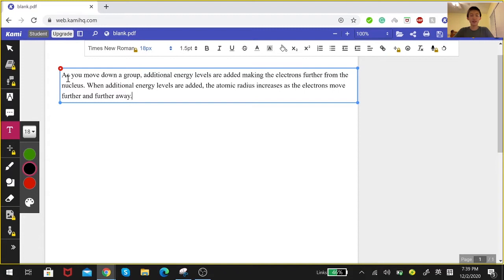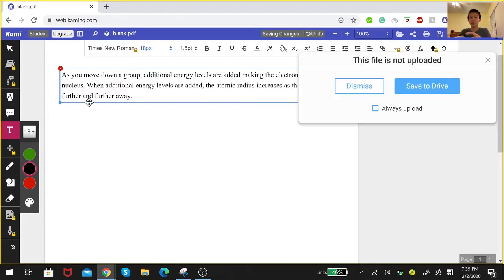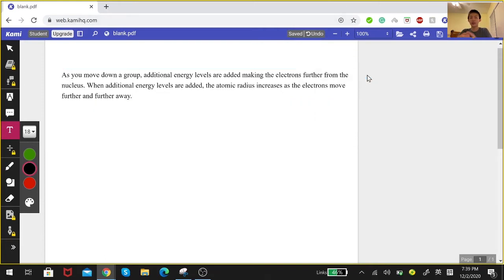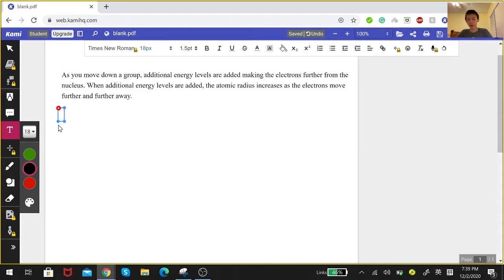This makes sense since you have a nucleus in the center and electrons around it. The more energy levels, the bigger the atom, which means the bigger the atomic radius. Atomic radius is basically how big the atom is.